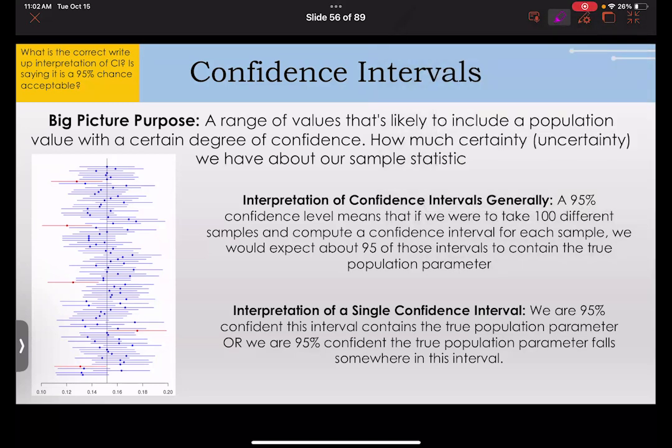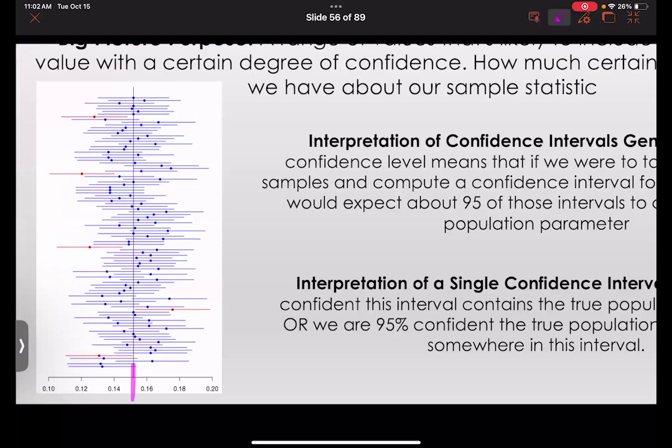So this line right here, that's true. That's the real population parameter. You can see that of those 100 lines, 95 of them are blue and 5 of them are red. So 95 of them have the actual parameter in them and 5 do not.